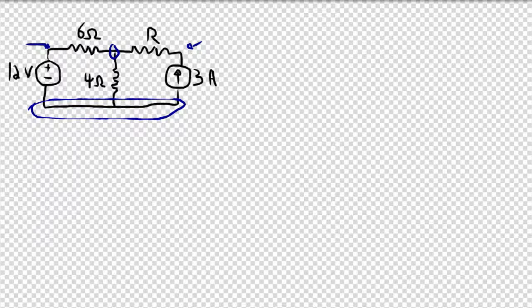What they're called is binary nodes, and what that means is that there's a branch on either side, so it's like it's part of the same branch. And although you can do nodal analysis using binary nodes, it just adds more variables that you don't need and it makes it more complicated. So we generally just sort of ignore them.